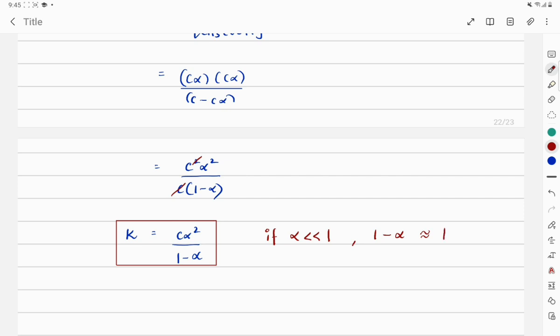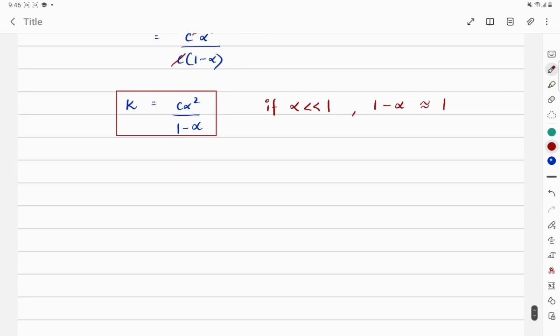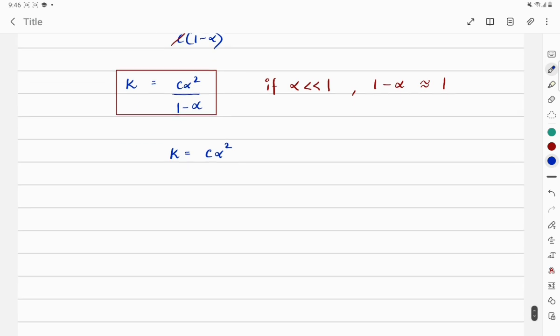That means alpha will be negligible there. If 1 minus alpha is approximately equal to 1, that means the denominator is 1. So what happens to K? Eventually K will become equal to just C alpha square. Here we are not going to neglect alpha square. Only the denominator will be neglected. So K will become equal to C alpha square.